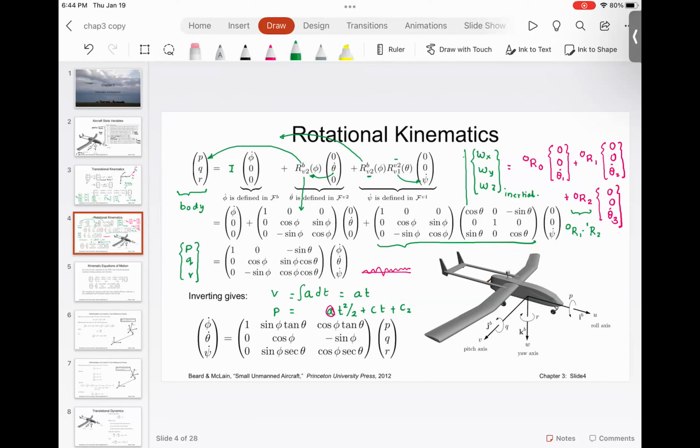So you take the transpose of this to get theta dot, phi dot, and psi dot onto the left hand side. If I were to call this matrix R, then I have R transpose that relates PQR to phi dot, theta dot, and psi dot. Everyone understood this?